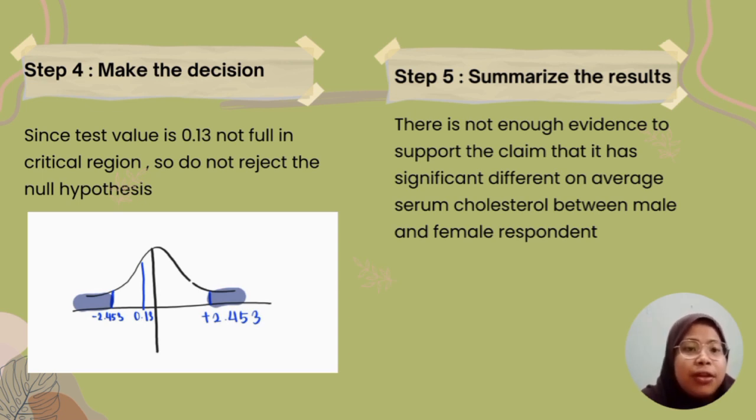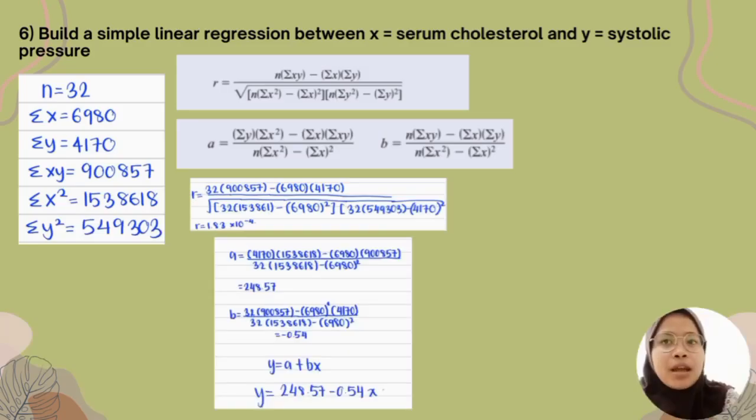Since the test value is 0.13, it does not fall in the critical region, so do not reject the null hypothesis. Lastly, step 5. Summarize the result. There is not enough evidence to support the claim that there is a significant difference on average serum cholesterol between male and female respondents.